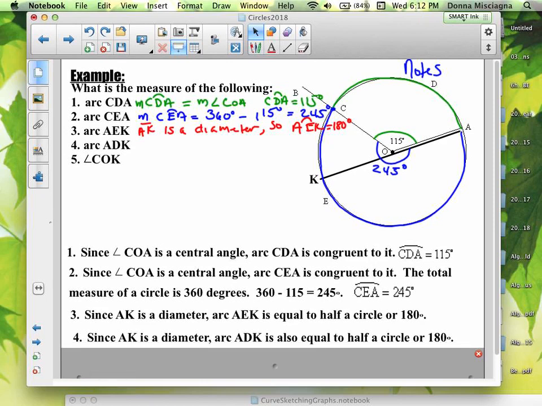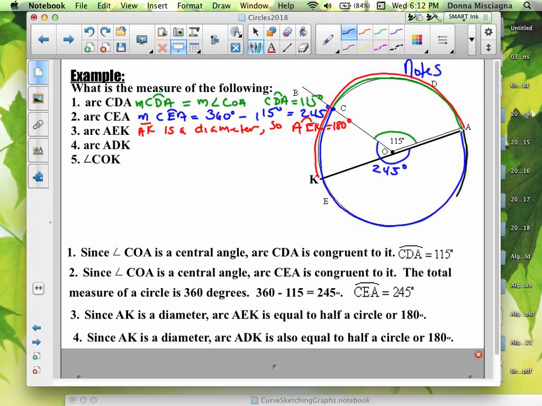All right, so number 4. We have arc ADK. So we had arc AEK, and now we want arc ADK. So let's see what's the difference between those two. ADK is going this way, and AEK is going this way.